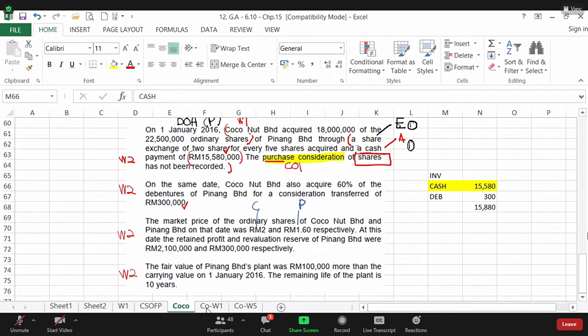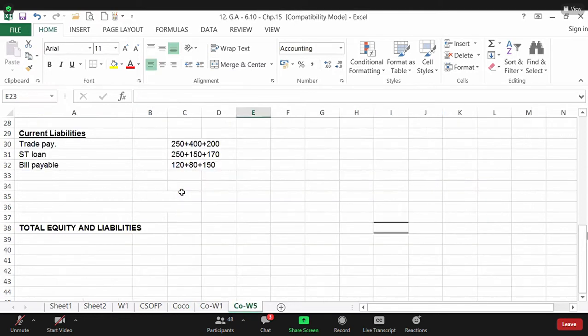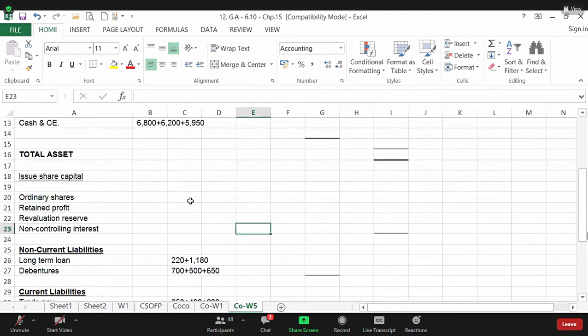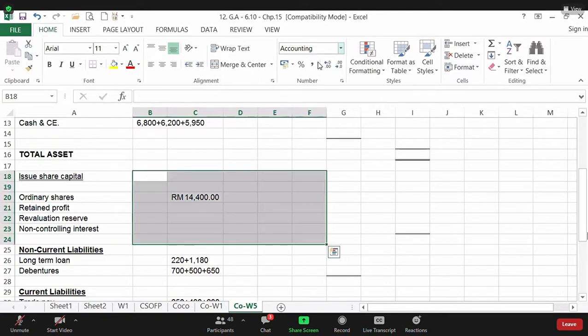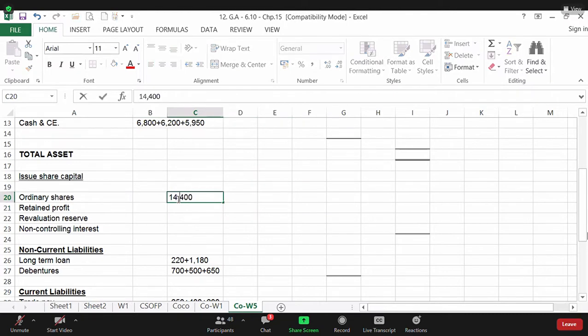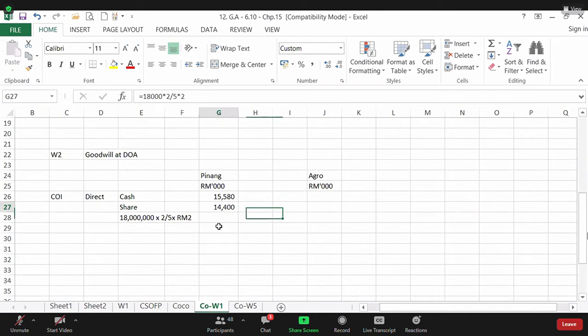So what you need to do, go back to the solve fee, plus 14,400 under ordinary share, because the share value that you have not recorded is about 14.4 million.